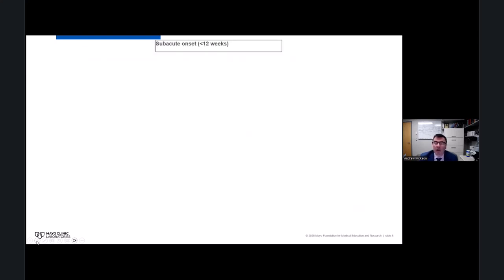So as far as the phenotypes and how this then would direct us towards specific tests, we can think of things in neuroaxis levels.